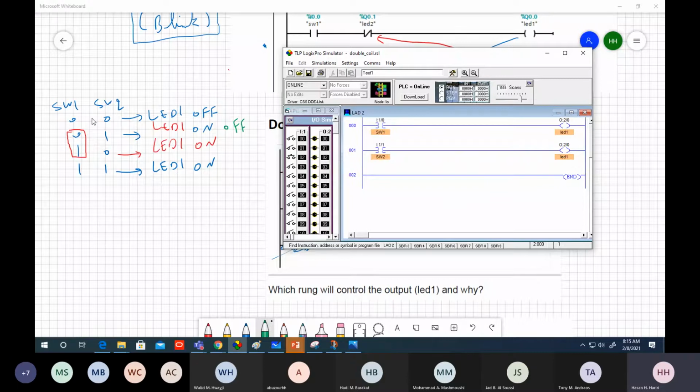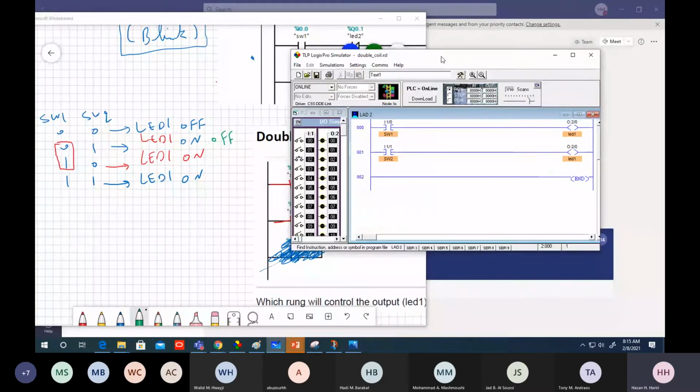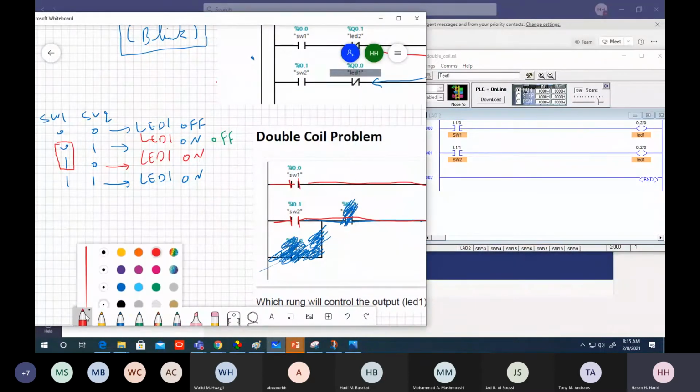So now I'm in the first situation. Both are off. We agree, so we are fine with it. This is the first one, and it is correct here.